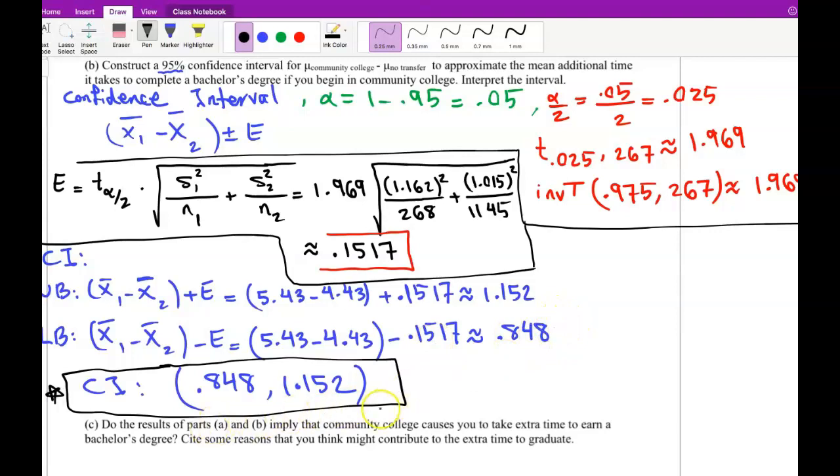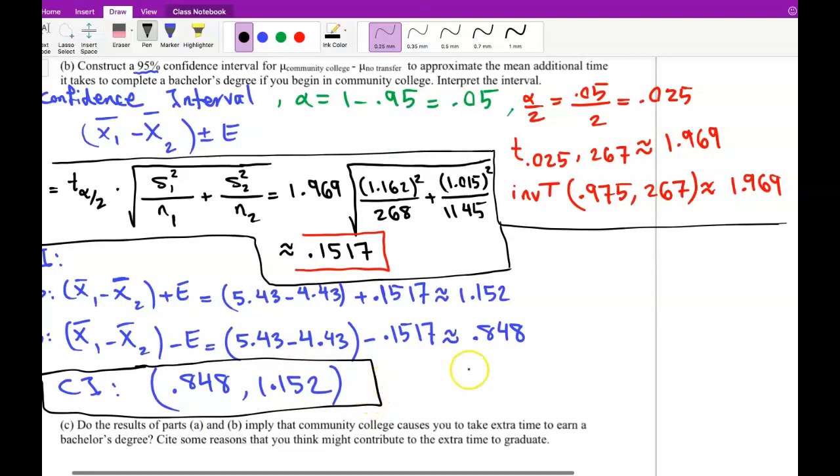So based on that, what this confidence interval means, it can be 95%.